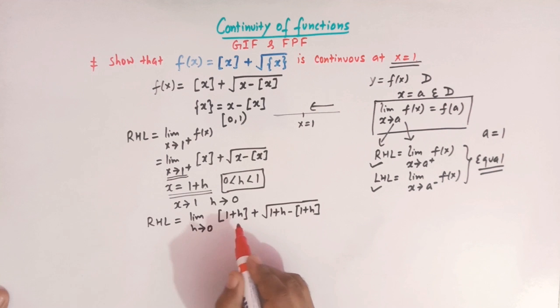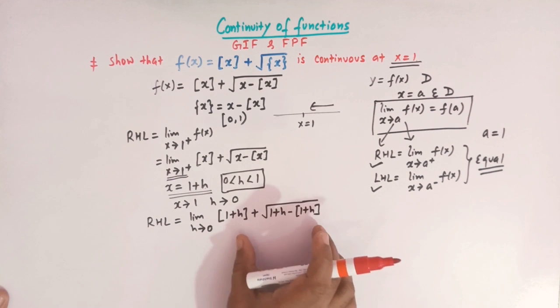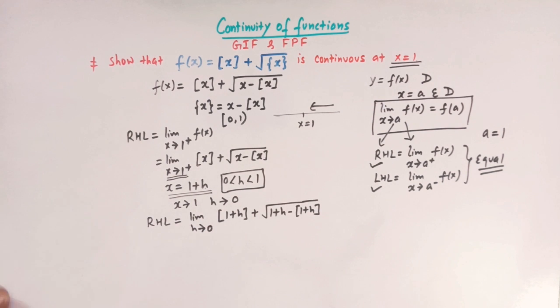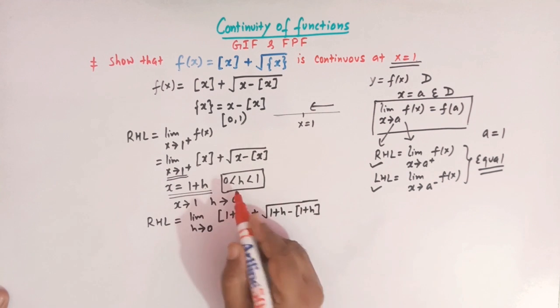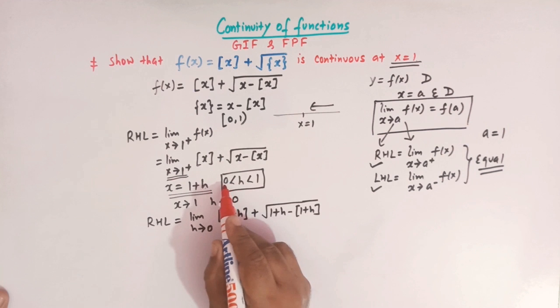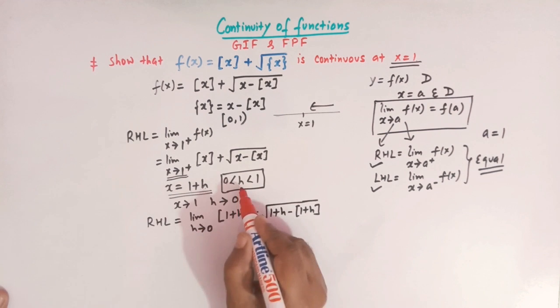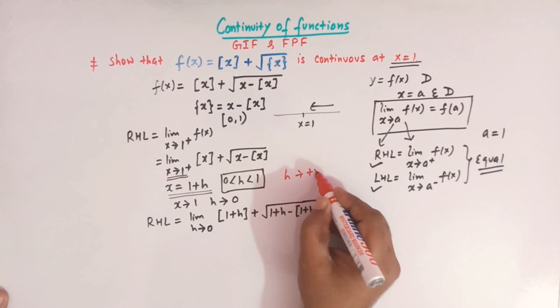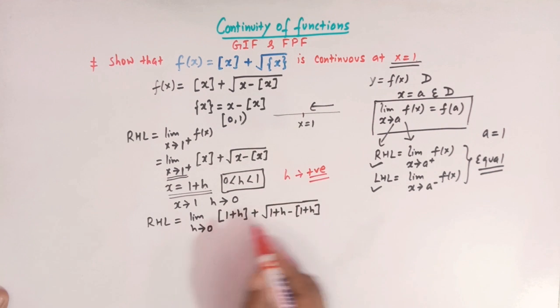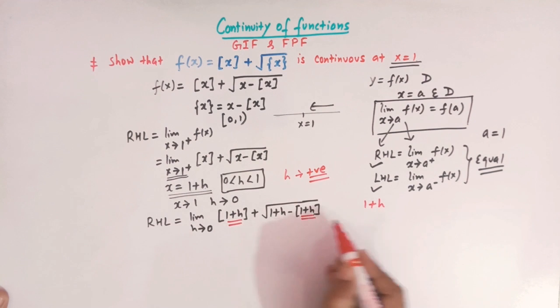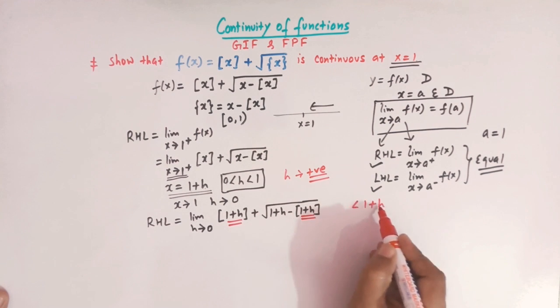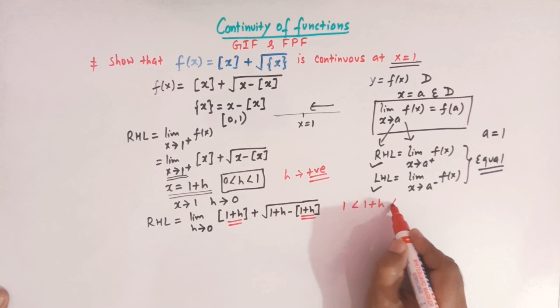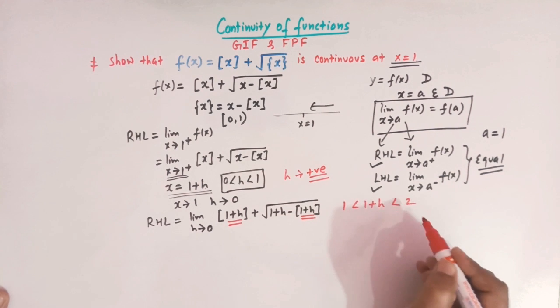So we'll make use of the definition of the greatest integer function. When h lies between 0 and 1, h is a positive quantity, so 1 plus h is slightly greater than 1, but it is less than 2.